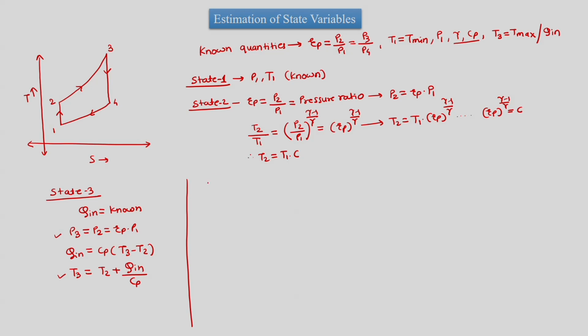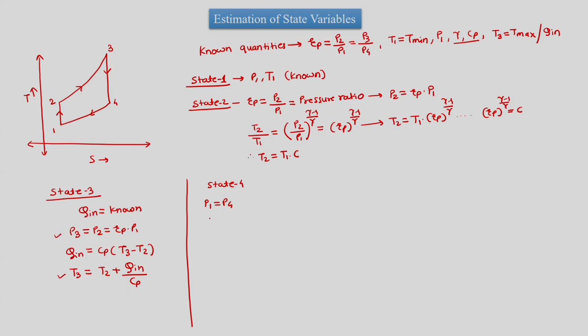So let us find out the properties at state 4. For state 4, we know that P1 is equal to P4, so P4 is known to us.